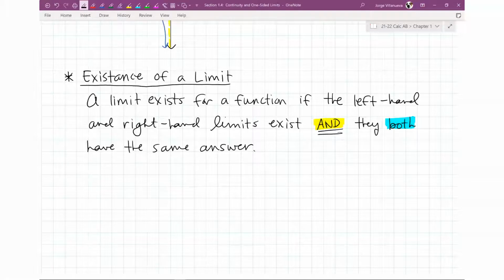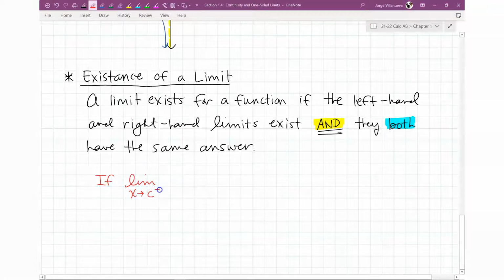Okay? So let me write down the notation for this so you can see. I'm just going to say if the limit as x goes to c minus, if you see minus, that means left, of f of x equals L, and the limit as x goes to c plus, that means from the right side, of f of x equals L. So minus is left, plus is right.